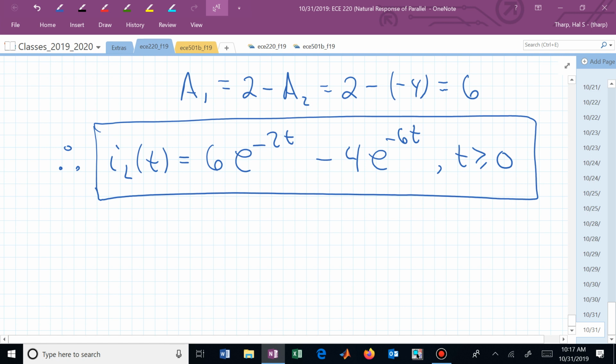Do you see what that looks like as a function of t, what our current is?